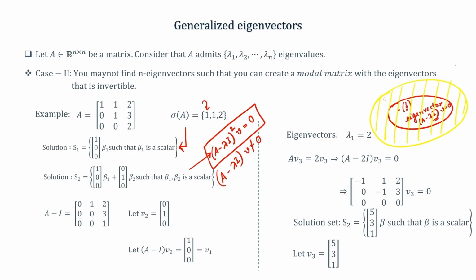Now, what are rank 2 generalized eigenvectors? Rank 2 generalized eigenvectors are those vectors which satisfy this equation, but do not satisfy this equation. That means they are not eigenvectors, right, which means that this green part of the set here are your generalized eigenvectors of rank 2.